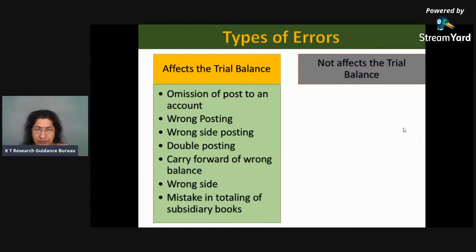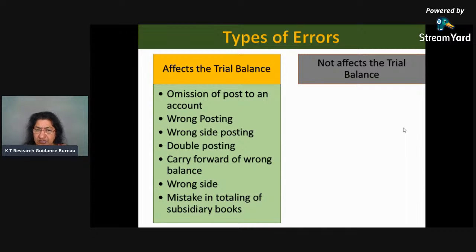Then wrong posting. Wrong posting also affects the trial balance. Instead of A, you posted in B, or instead of capital expenditure, you consider it other expenditure, meaning wrong posting. And if it is wrong posting and the amount is also wrong, then also it affects the trial balance.